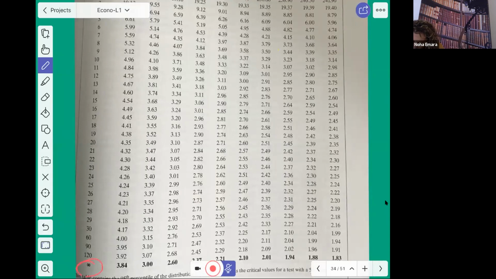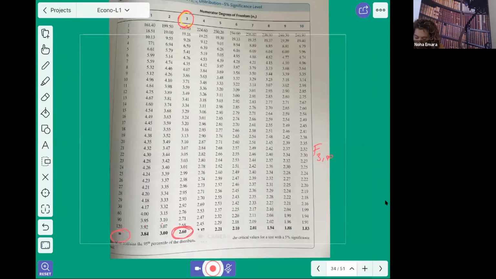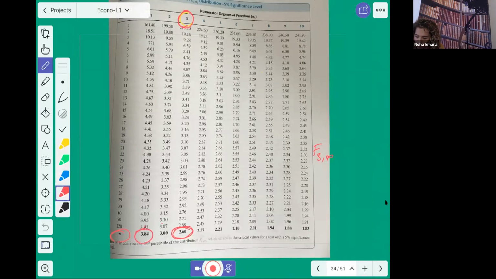So based on 3 coefficients, 1, 2, 3, this is my critical value for F3 infinity. This is just an example. If I have 4 X's, then this is my critical value. If I have just 1 X, then this is my critical value, and so on.